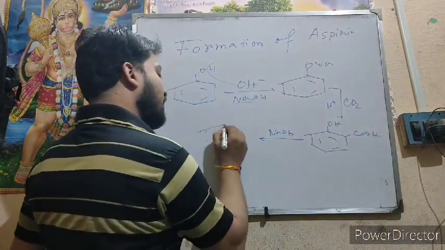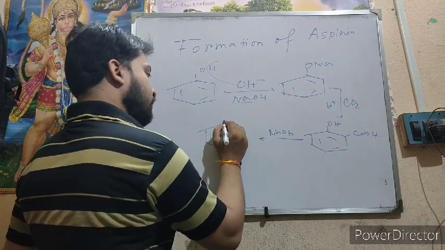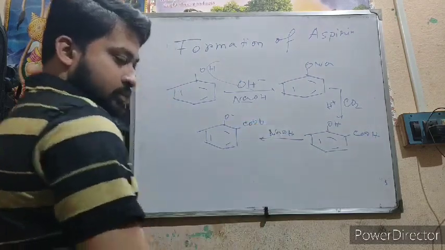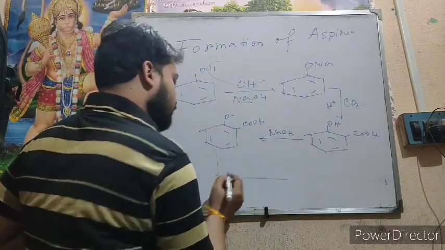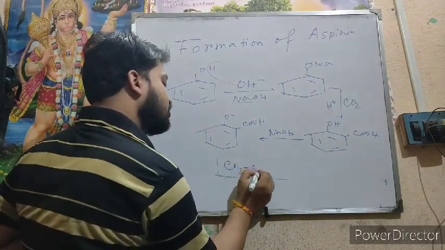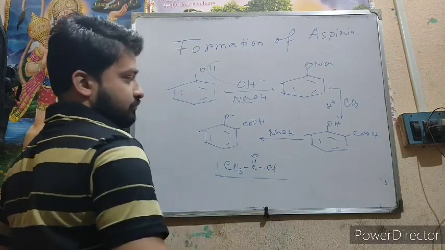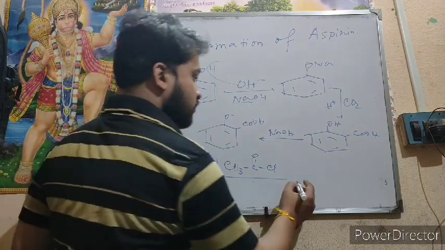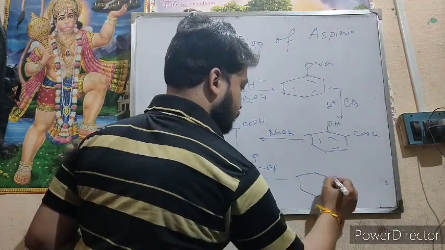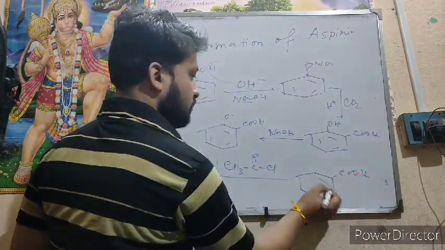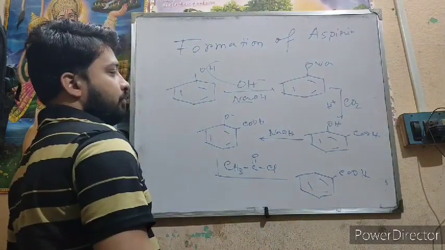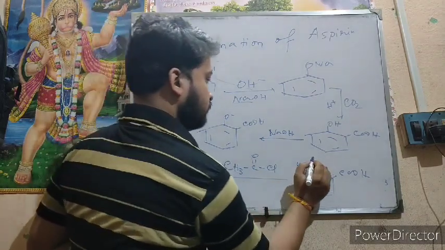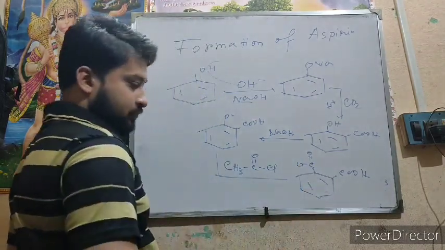ONa is formed here, so O minus is formed here, O minus and there is COOH. Then you use CH3COCl. Okay. What do you get? You get this is COOH and you take this C double bond O CH3.